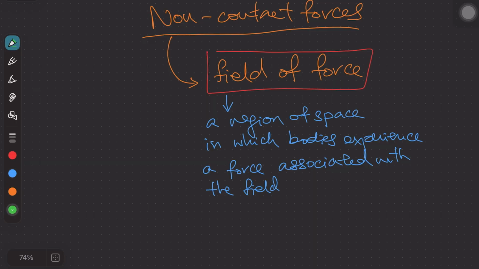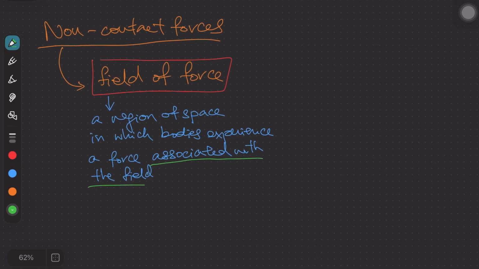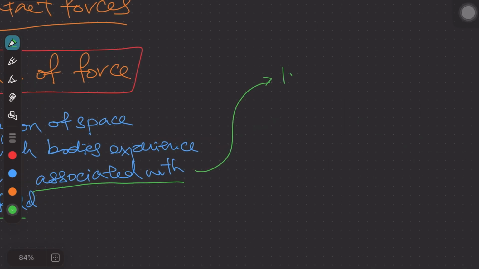The last line might be confusing for you. What does it mean by associated with a field? What this actually means is that this force can only be experienced by bodies with specific properties with respect to the field. Okay, so let's give some examples.